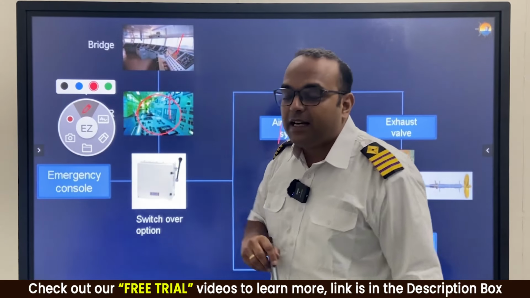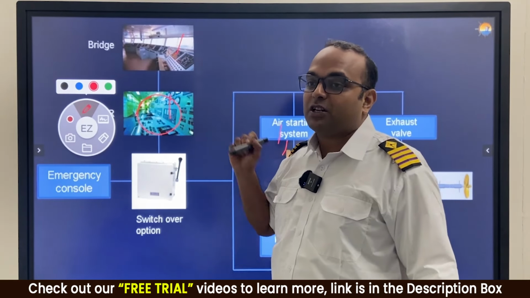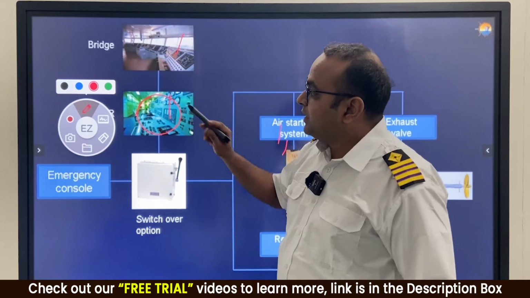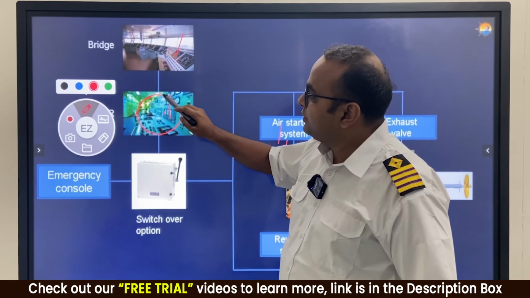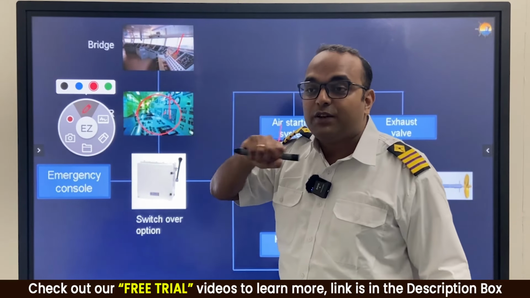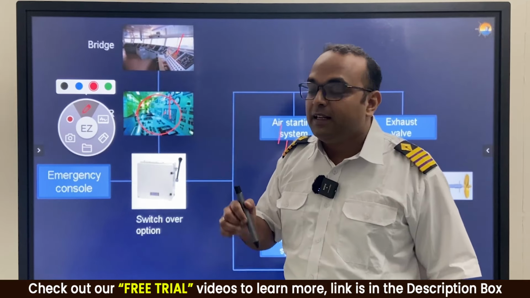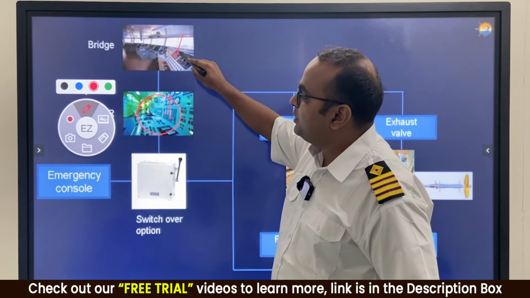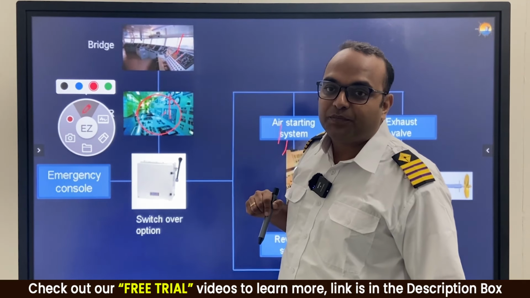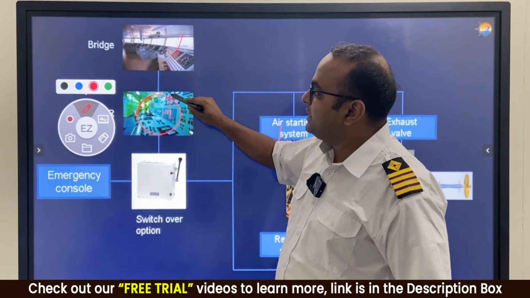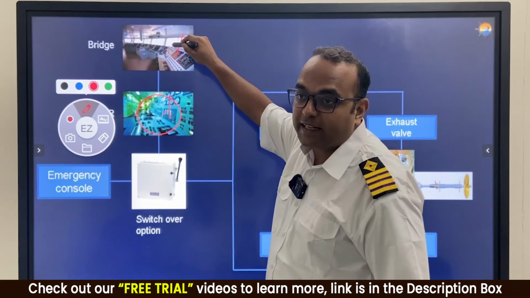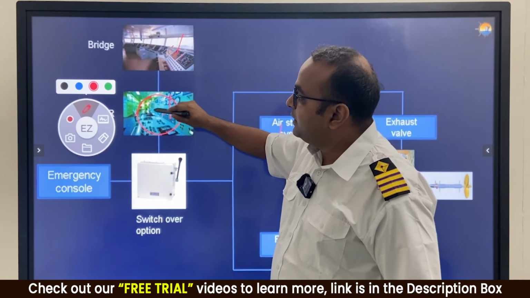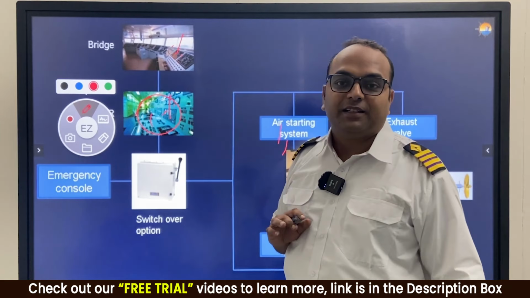This ECR, the engine control room, has the master controller. This is the master controller. It has a switch, or we can say a lever, that decides whether you want to give control to the bridge or keep it with the ECR. If you give control to the bridge, then only the bridge gets activated, and from here it will be nothing.